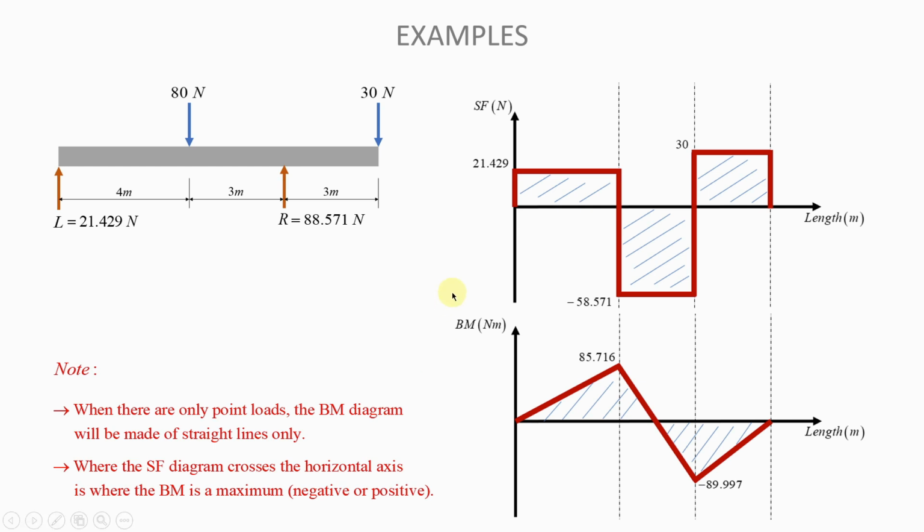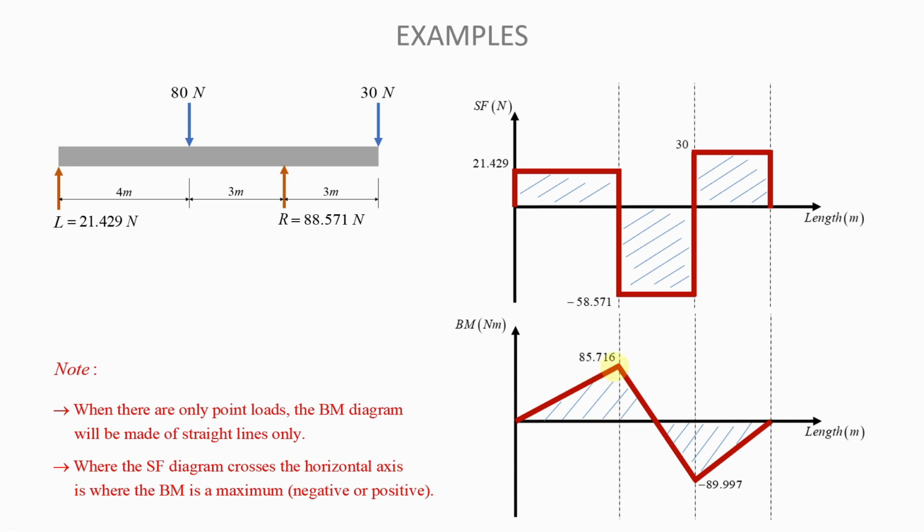What I mean by that statement is that if you look here at this shear force diagram, you will see that it is crossing the horizontal axis here, okay? And it is also crossing the horizontal axis there. So these are the 2 points where the shear force diagram is crossing the horizontal axis. And at these points, if you look at the bending moment diagram, you will see that you have maximum values.